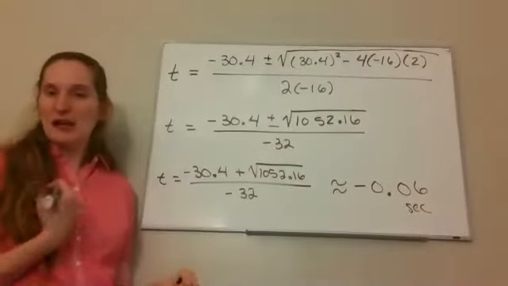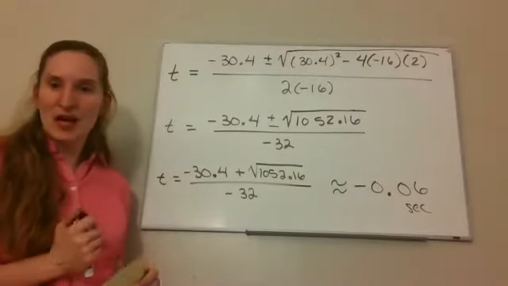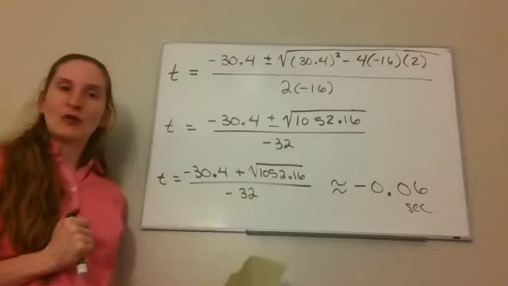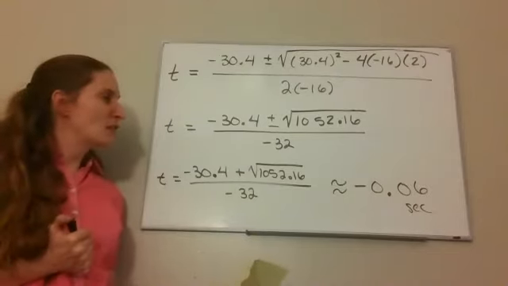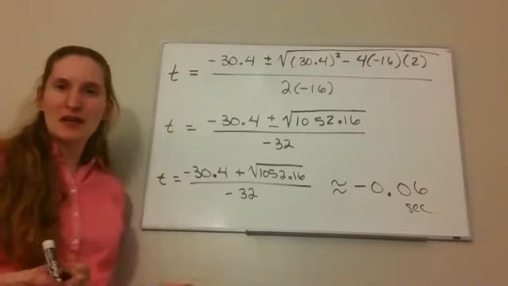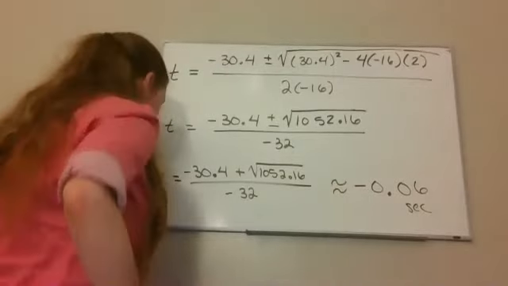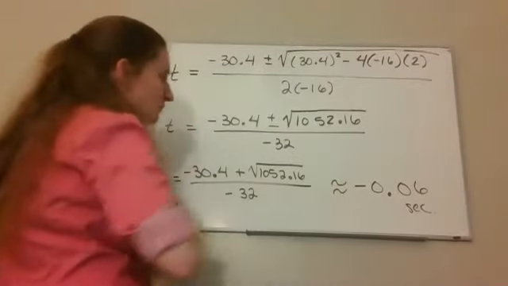And this is not an appropriate solution to this problem because we can't have negative time. This means that the receiver would have caught the ball negative 0.06 seconds before the quarterback even threw it. That doesn't make any sense. So this solution is not the answer, and we get to throw it out.